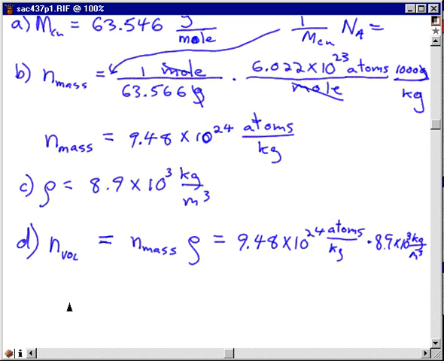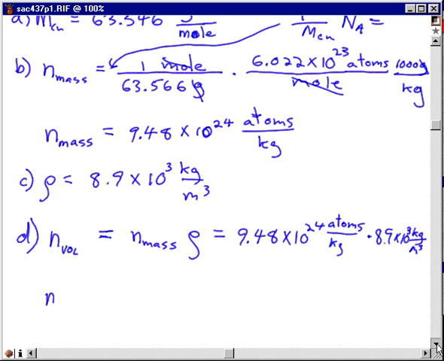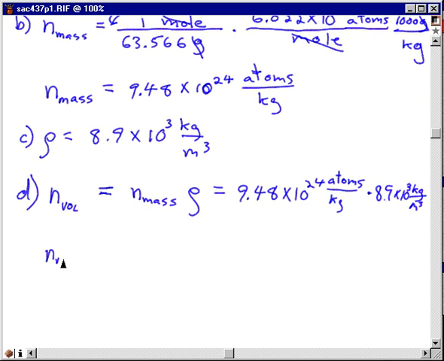And I get the number of atoms per volume, this is 8.4 times 10 to the 28th atoms per meter cubed.